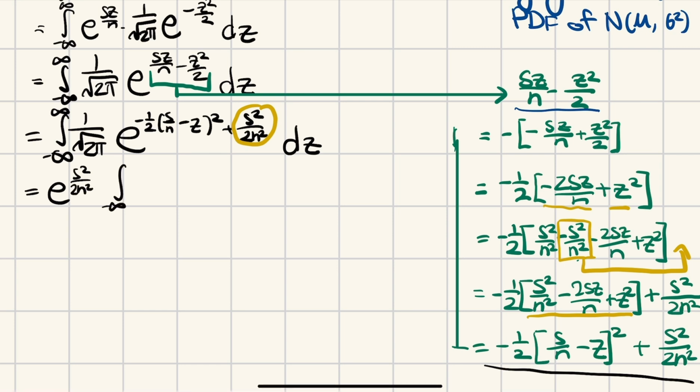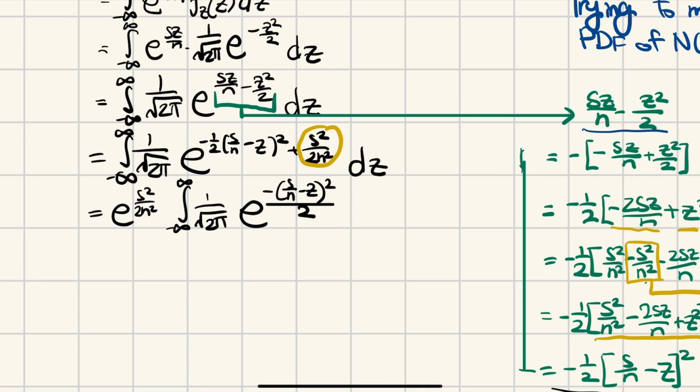And then we want to keep the remaining parts to mimic the PDF of a normal distribution, over 2.